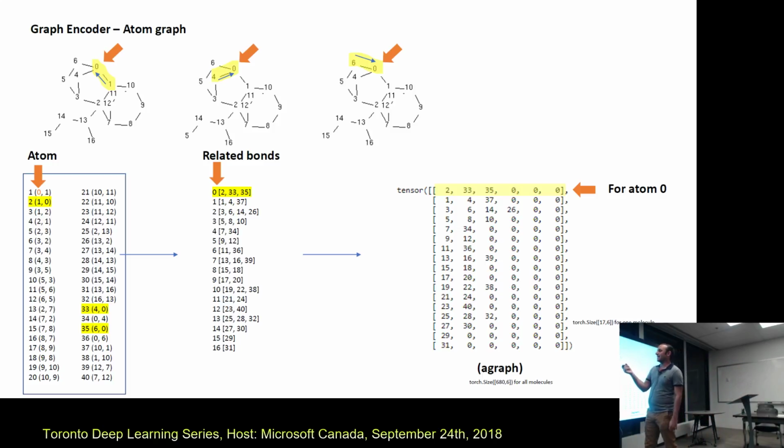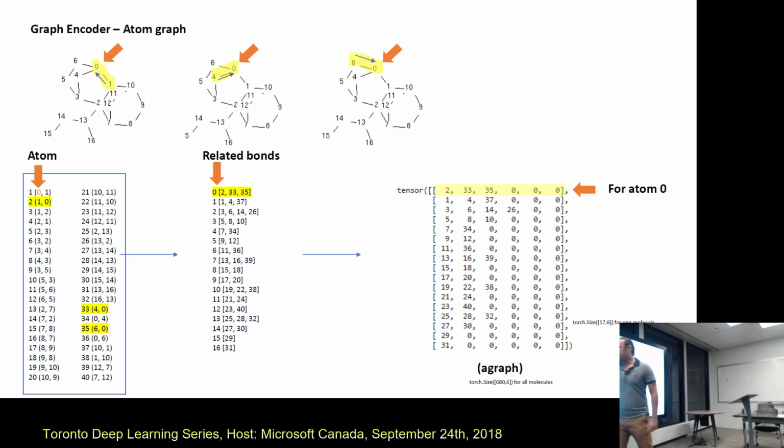Let's see the next step. You remember how before, when we were creating the junction tree, we talked about the fact that information needs to be transferred in the graph. Now here, they create the atom graph, and this is a method for transferring information to the atoms. If you pay attention to the color coding, the bonds color coded as yellow are the ones that are connected to atom 0. So they're collecting information about which bonds link to a specific atom.